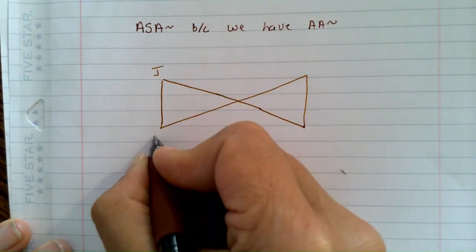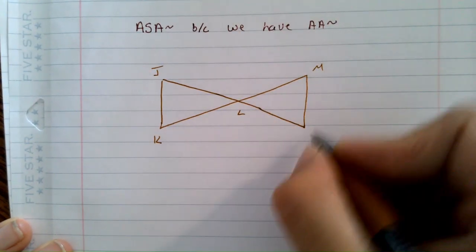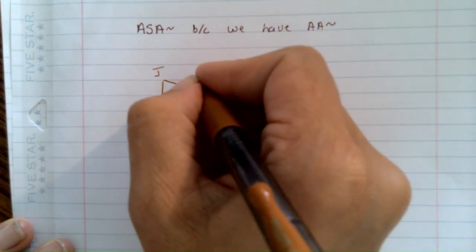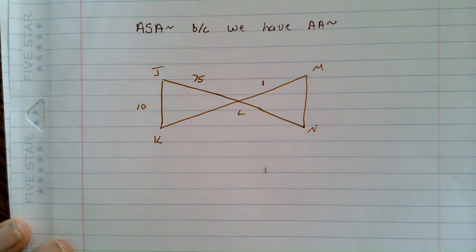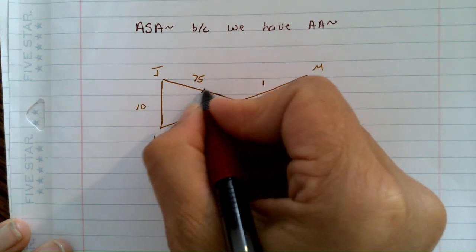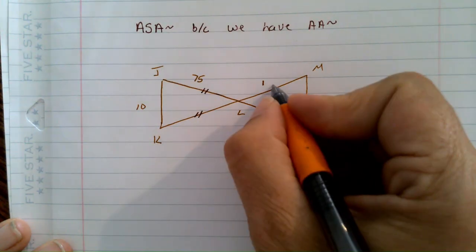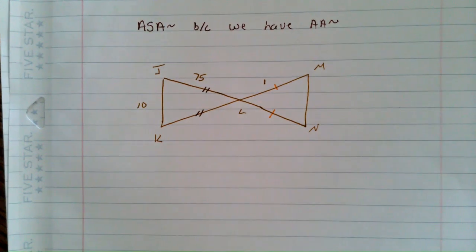So we have J, K, L, M, N. This is 1. This is 75. This is 10. These segments are congruent. These segments are congruent.